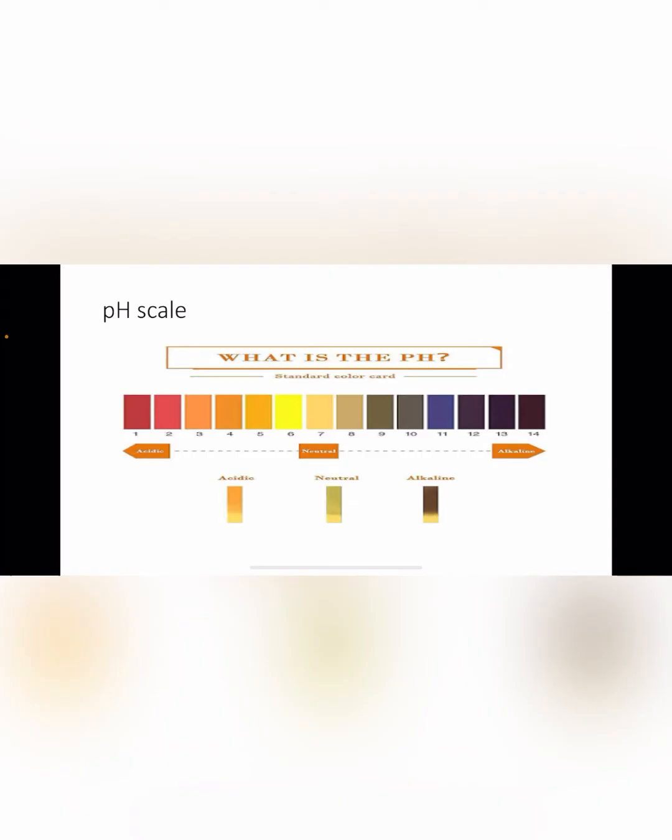Our pH scale varies from 0 to 14, where 0 is the most acidic. So if you test your solution and the pH scale tells you that it is 0, it means that the solution is very acidic.